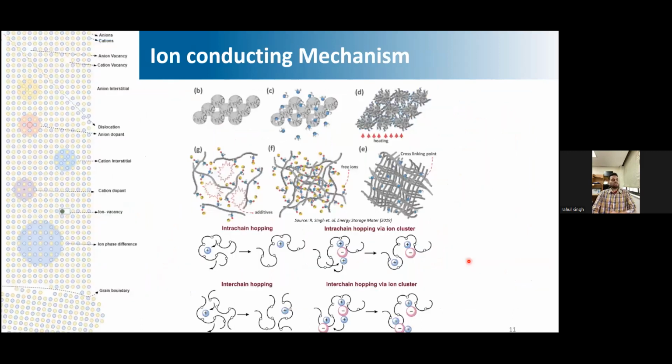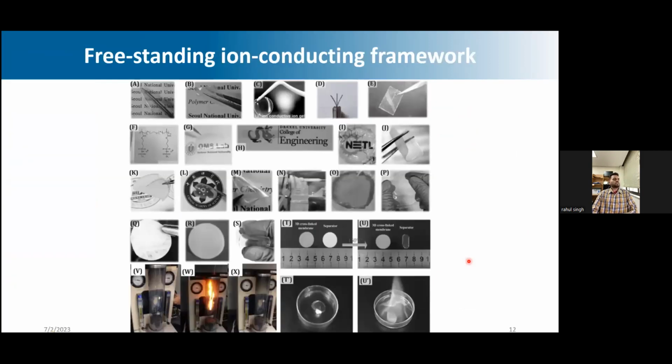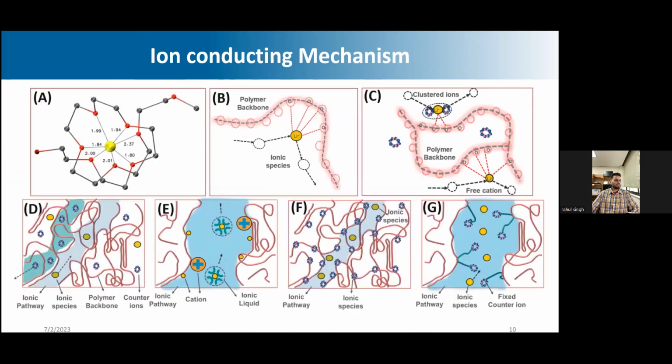With this mechanism, with this material chemistry, we make this type of membrane, and many universities are working on this field. Here are some reported literature; if you want to see other groups' papers, you can refer to this paper.